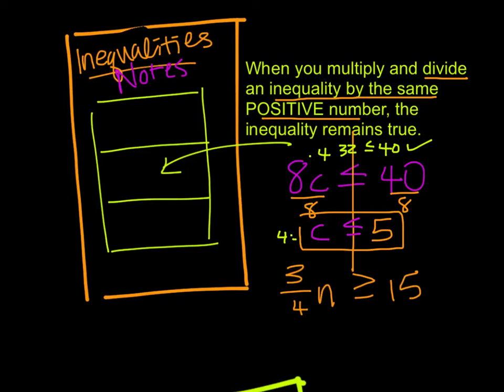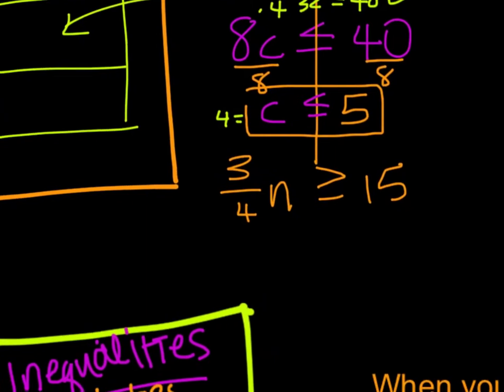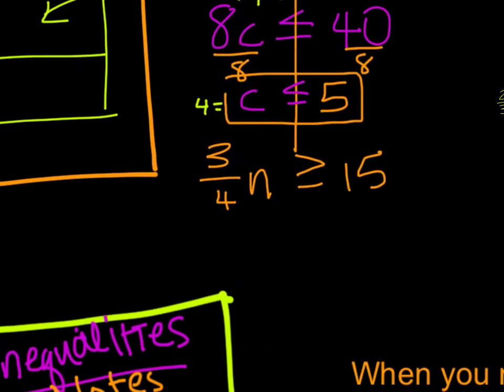We have 3/4 n, and actually I'm going to give myself a little bit of room. We have 3/4 n is greater than or equal to 15. We are going to start out with that same idea of not paying attention to that equal sign. Now we can deal with this 3/4 in a couple of different ways.